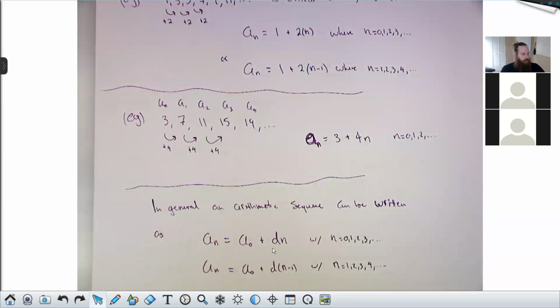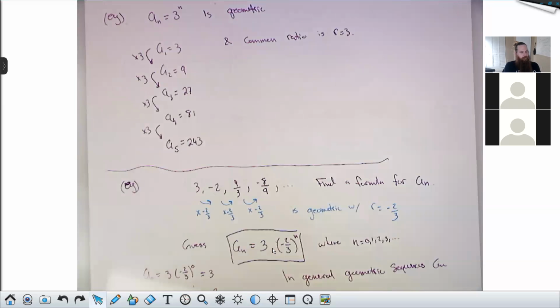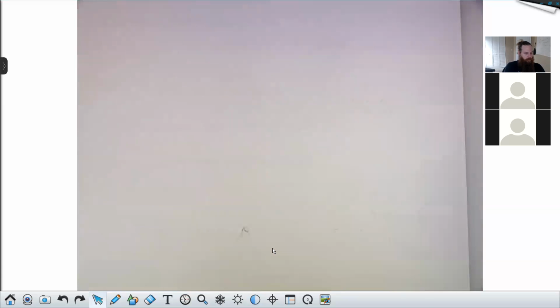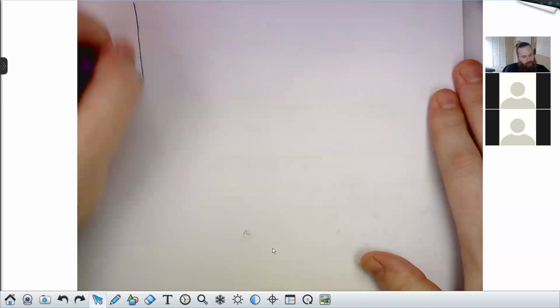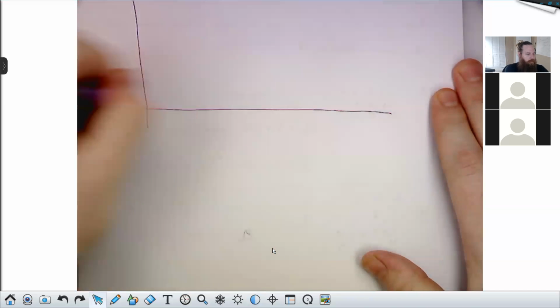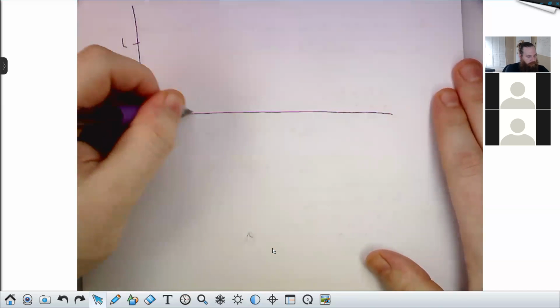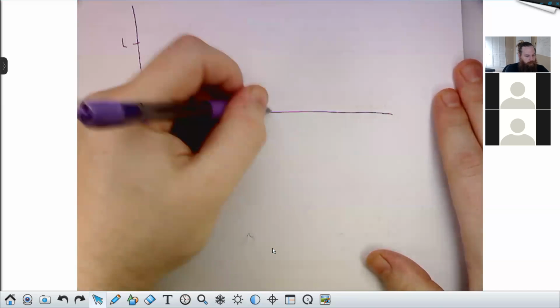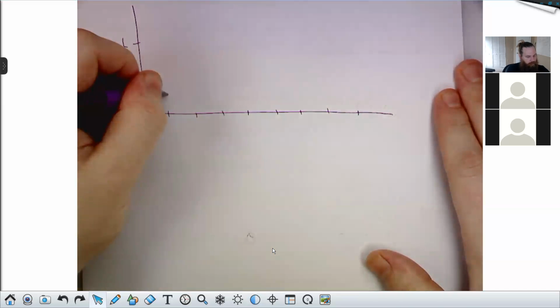Okay, a quick word on what's called convergence. Suppose I give you the graph of a sequence. I'm not going to give you a formula or anything specific, I'm just going to draw some pictures.